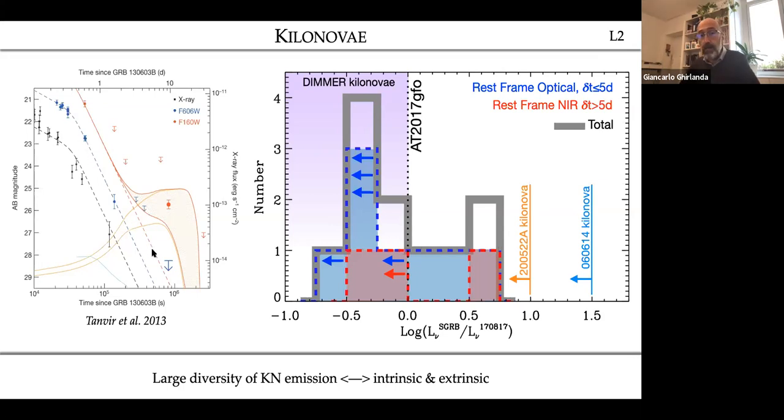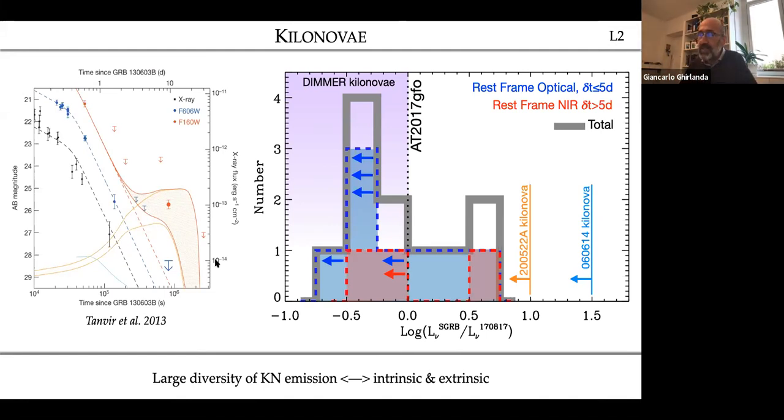There were other events that were claimed to have a kilonova signature like this one. This is basically more or less the peak, and the model represented here is a modeling of the kilonova light curve, by the way. I think now the sample comprises something like, depending on which one you choose, between 5 and 8 events.